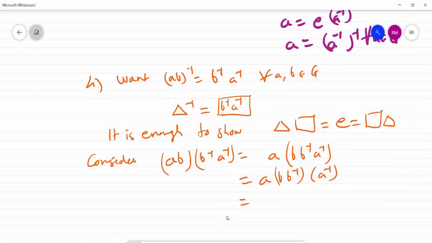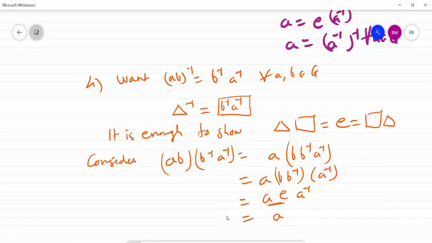This we can write as A, B B inverse is nothing but the identity element, normally denoted as E, A inverse. Again, by the property of the identity element, A into E, E is nothing but A only. See, E is an identity element. We know the property in Q star, that is a group under multiplication, and the identity element is 1 there.